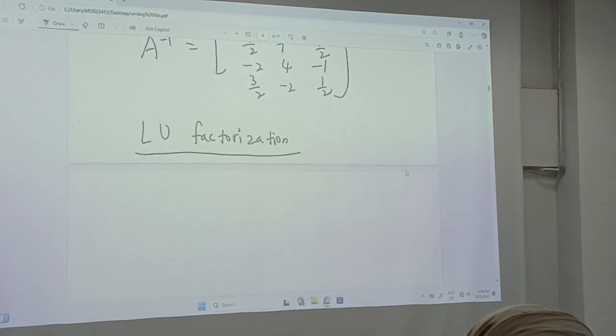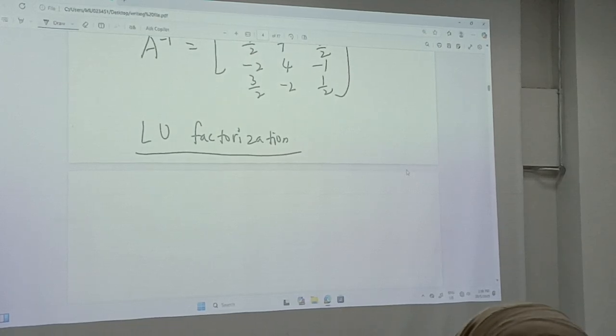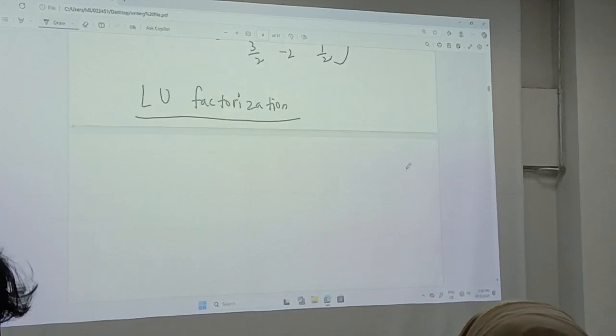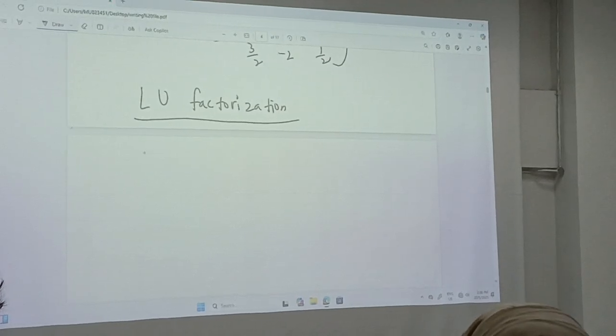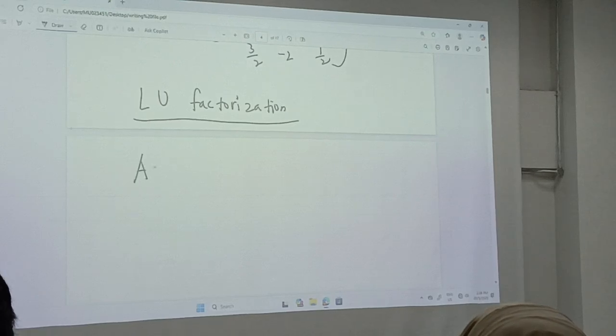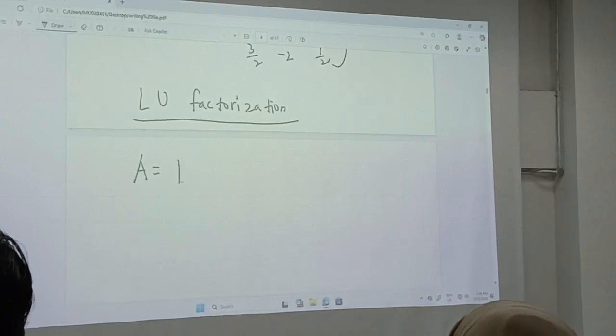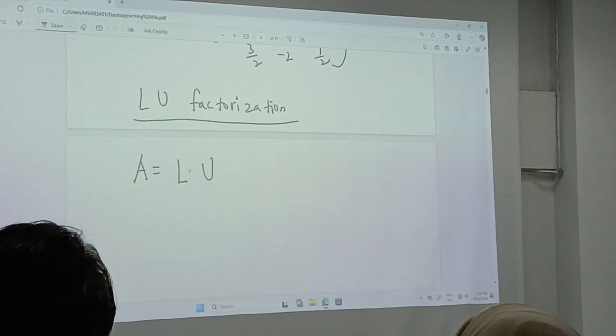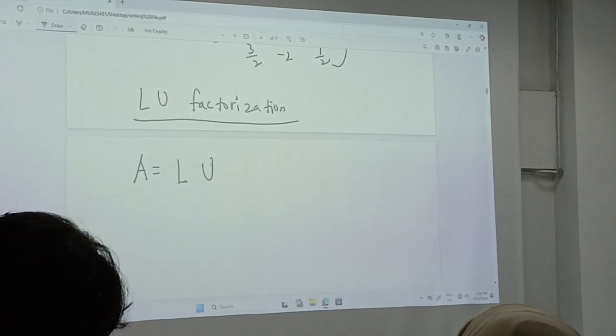Okay, these are quite popular questions. Normally will come up in your test or final exam. Okay, LU factorization. So what does it mean, LU factorization, right? So it means from matrix A, we can decompose it into two matrices, L and U.